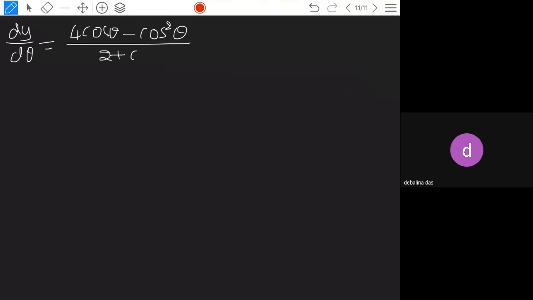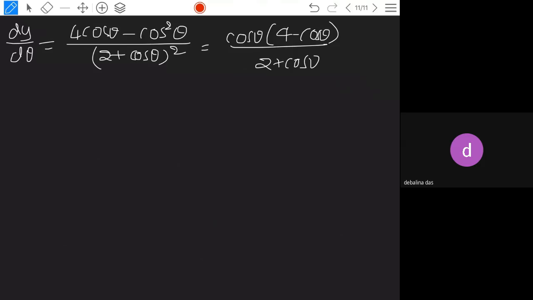Now take cos theta common: cos theta into (4 minus cos theta) by (2 plus cos theta) whole square. In the interval 0 to pi by 2, this is greater than 0, this is greater than 0, this is also greater than 0.